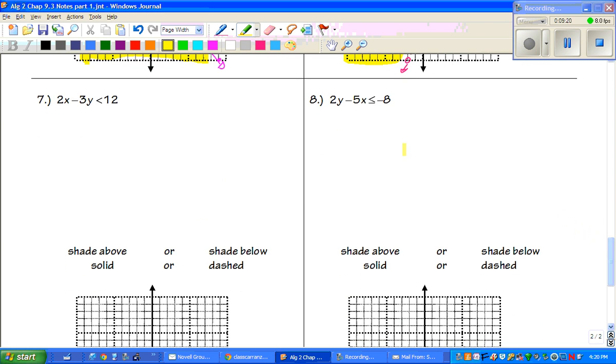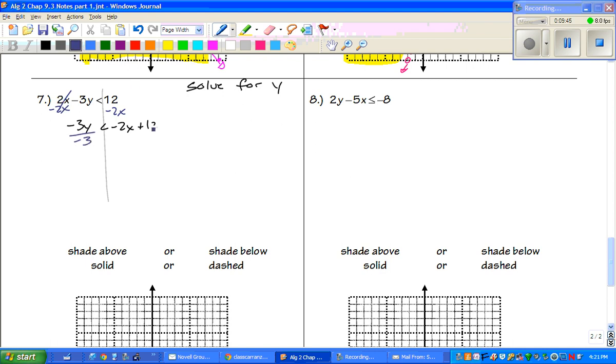Now, the only thing that's different about these is they're not in y equals mx plus b, so we need to solve for y. When I'm solving for y, we're going to subtract the 2x. So we get negative 3y is less than negative 2x plus 12.